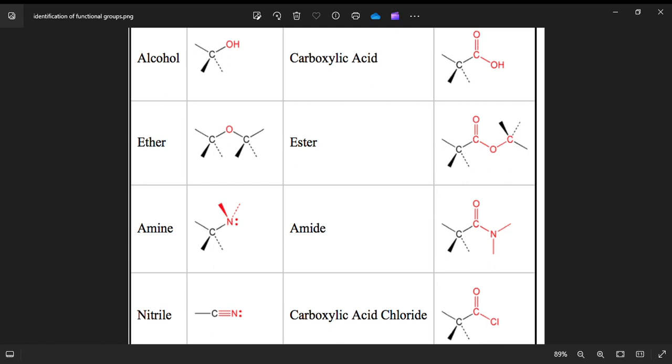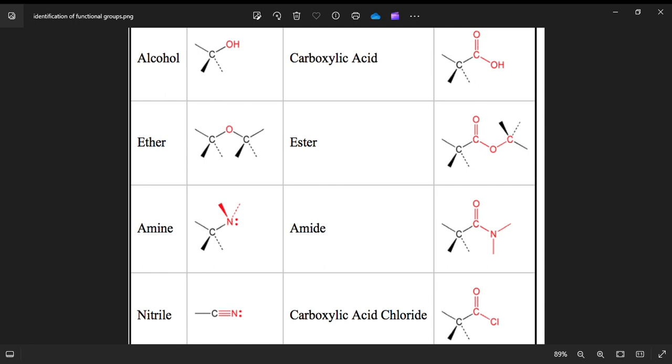Now looking at the screen, you have your alcohol. The distinguishing feature of an alcohol is the OH group. But don't forget, in your carboxylic acid too, you have an OH group. But the OH group is directly linked to a carbonyl group.